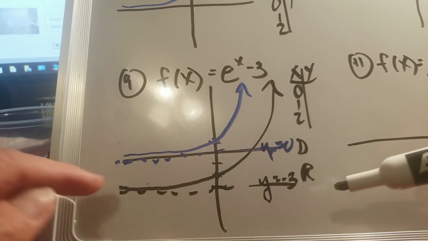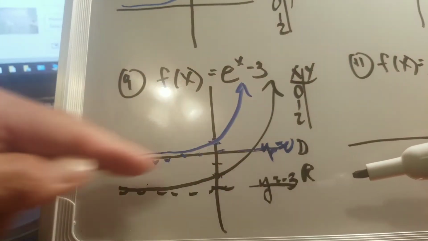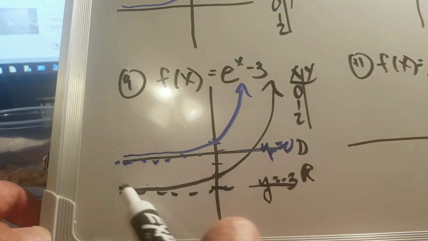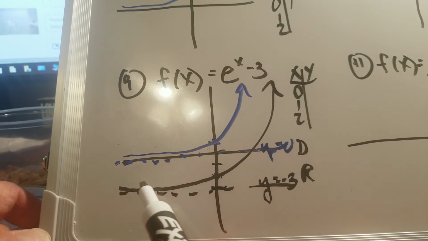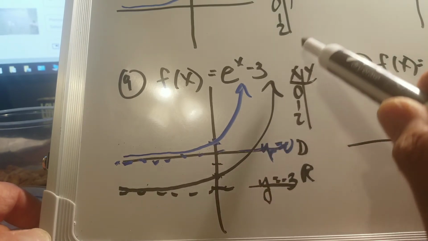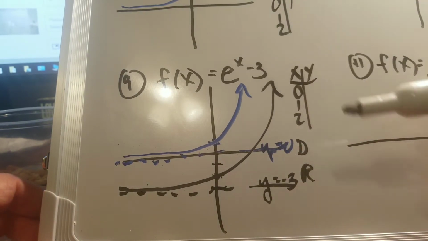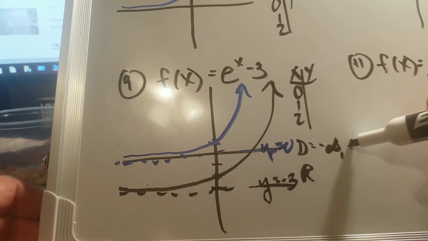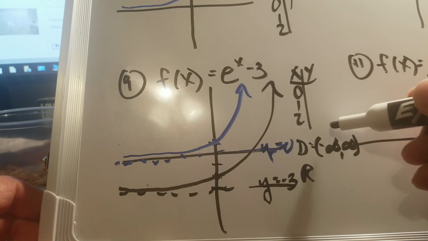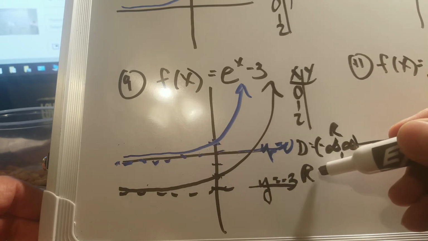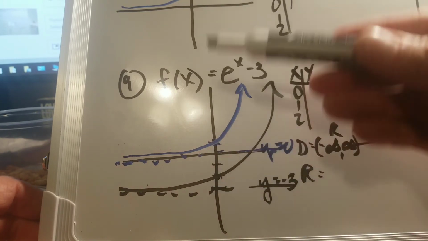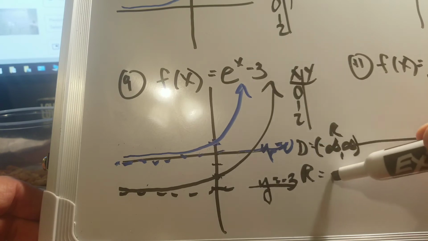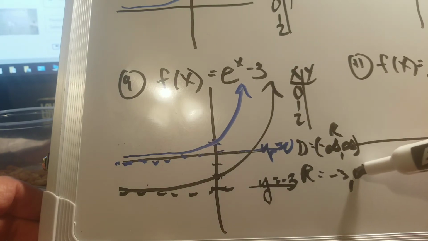Okay. Remember, it's the black graph. The domain. Well, this keeps going like this and heads up and keeps going out. So that's all real numbers, negative infinity to infinity. And you could also say all real numbers. The range is from here up, and that's from -3 to infinity.